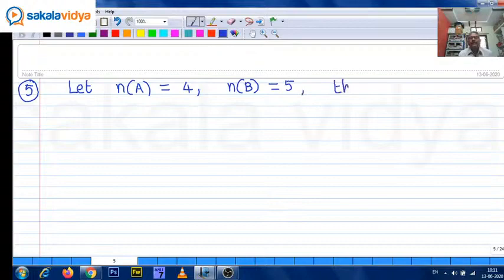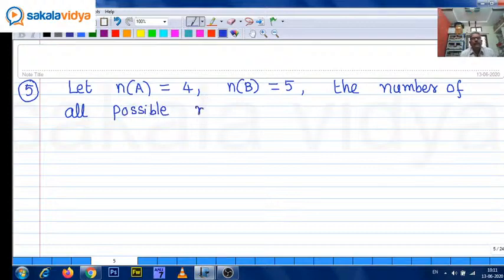The number of all possible many to 1 functions, because 1 to 1 functions are not defined.